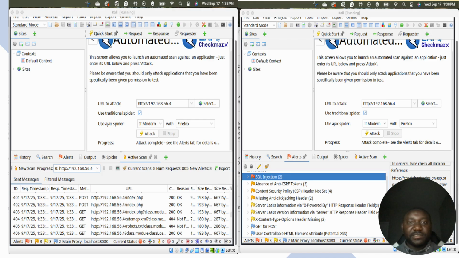So this is the OWASP ZAP tool that we have used to find the vulnerabilities. As you can see on the left and right side, we launched our attack using the URL, which is the Metasploitable 2 IP, and then we ran the attack.